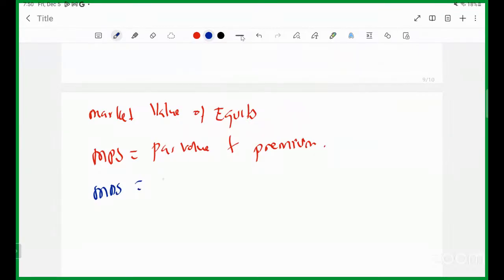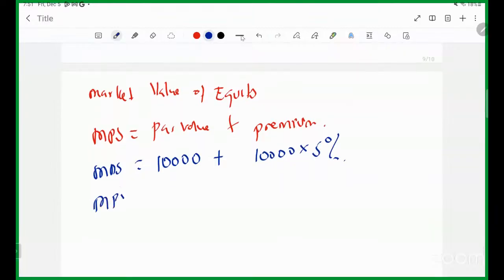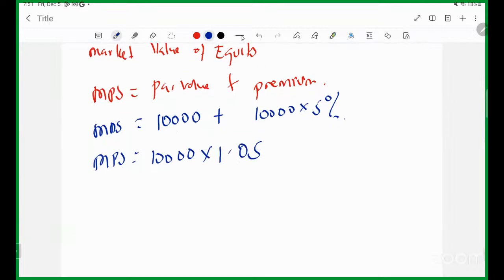So you may get 10,000 plus 10,000 times 5%, or you can do 10,000 times 1.05. So what value do we get? That is 10,500.